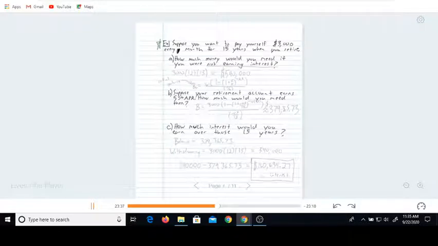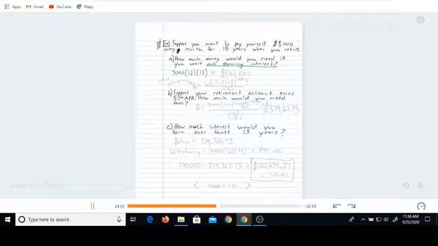Alright, so let's look at this example. Suppose you want to pay yourself $3,000 every month for 15 years when you retire. How much money would you need if you were not earning interest? So if you're not earning interest, how much money do you need? Well, you would need $3,000 every month, so 12 times a year for 15 years.